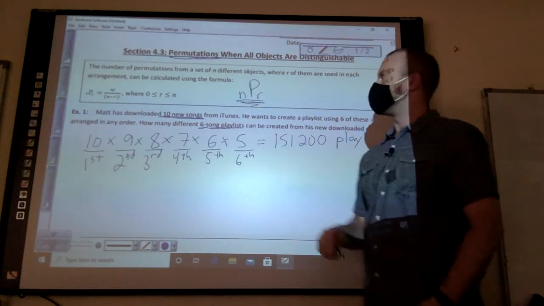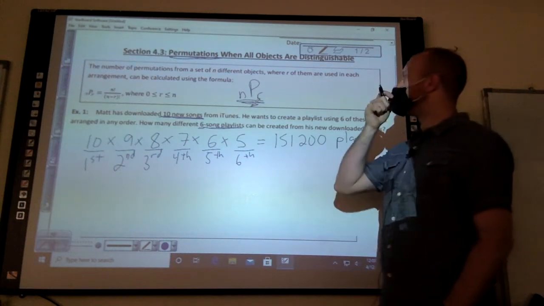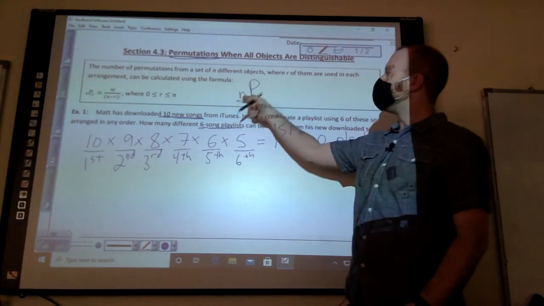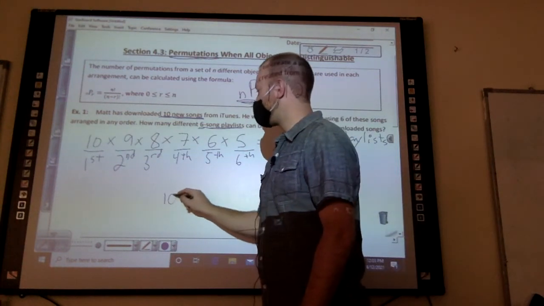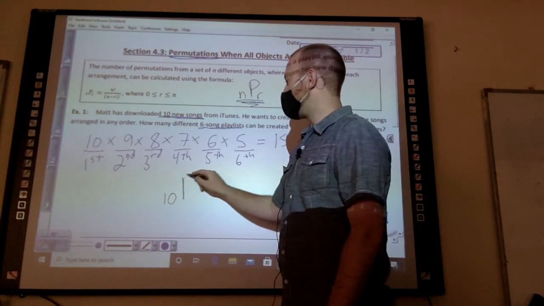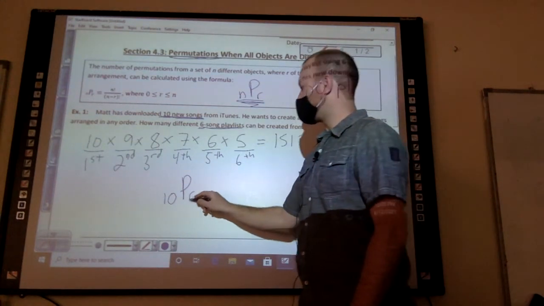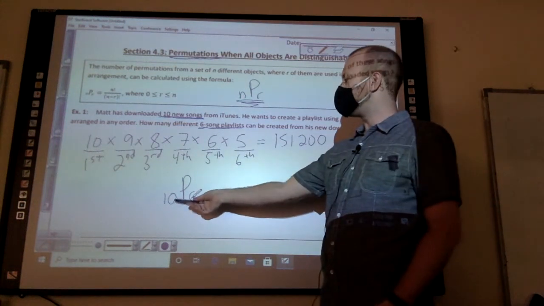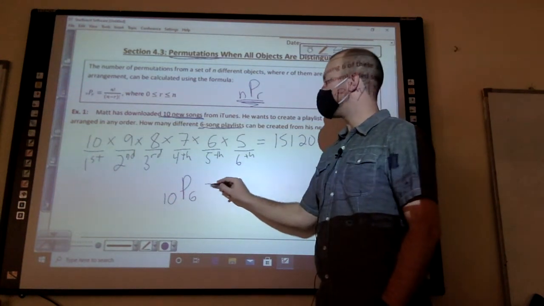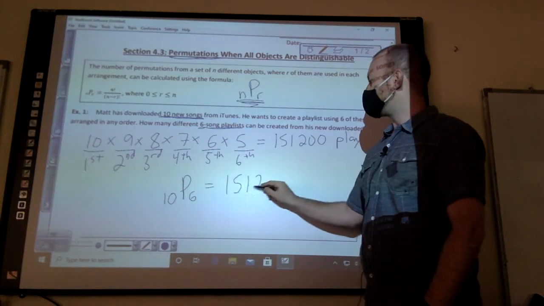This is where this comes in handy. So how I'm going to use this is the n is the number of options that I have. So I have 10 options total. I'm going to do a permutation, and I want 6 of them. So 10 being the number of options, 6 being how many I want. And if you plug that into your calculator, you'll get the exact same number.